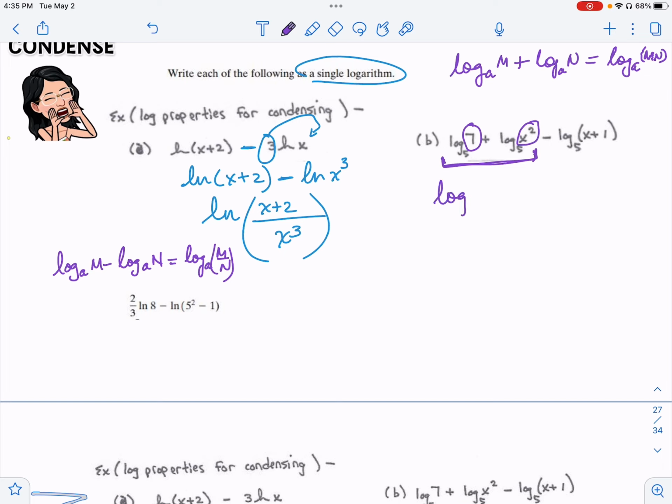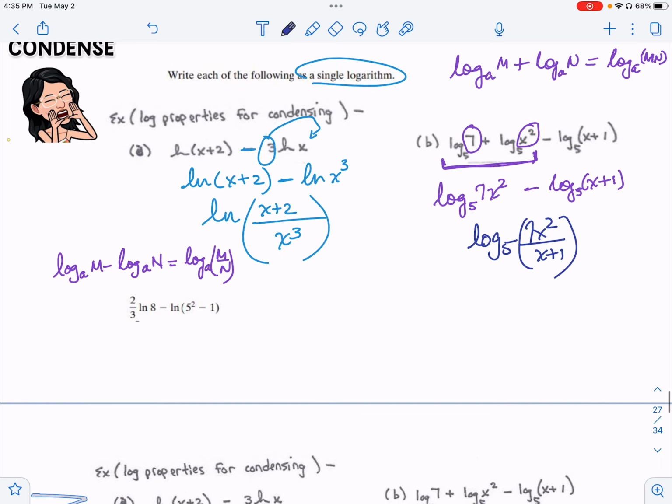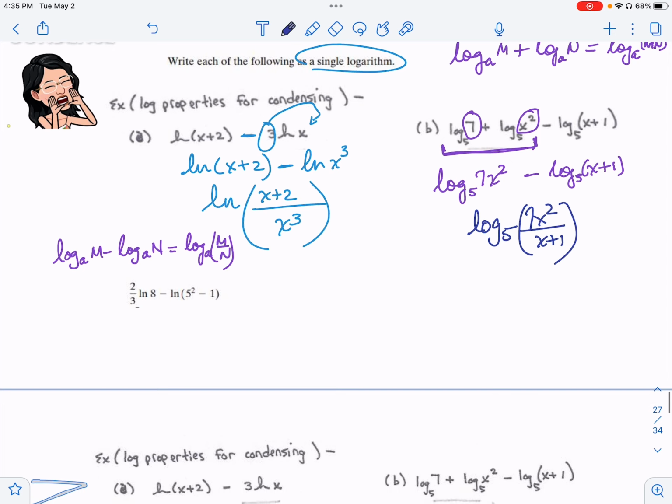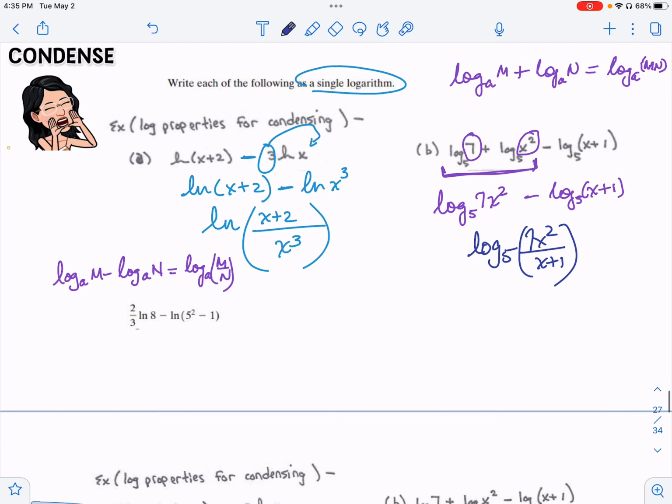I'm going to compress it, log of m times n to base 5 minus log of x plus 1 base 5. This now looks like the subtraction property, which can be compressed into a quotient, log base 5 of 7x squared over x plus 1. And I compressed it to the best I could. All right, that's a couple of examples of condensing or writing as a single log.